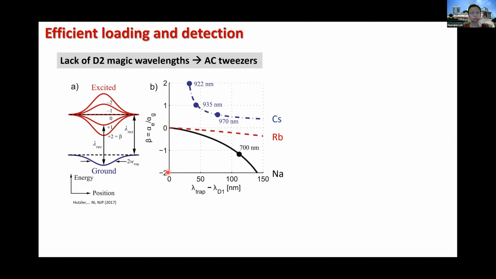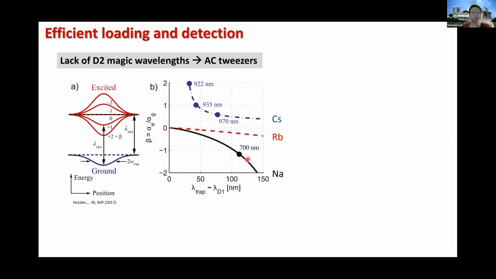So in sodium, the D1 wavelength is at 589 nanometers. 700 nanometers over here is significant because that's where the Ti:sapphire range begins. And over there already, the D2 excited state is already about 1.2 times anti-trapping compared to the ground state. And this is a big deal when you're trying to load single atoms into the tweezers directly from a cloud that is cooled using the D2 closed cycling transition.